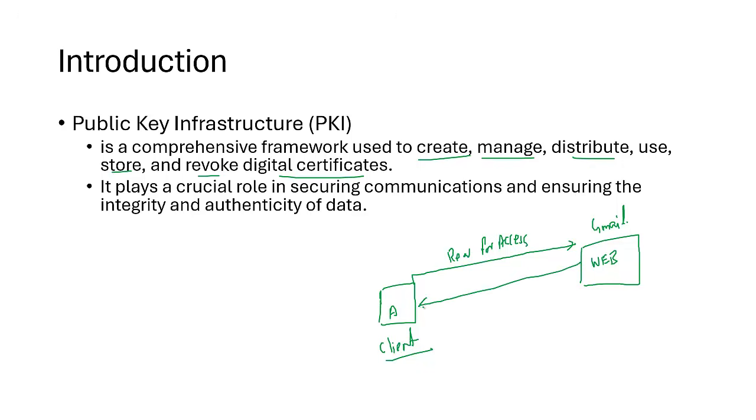Gmail will send its certificate. The certificate has the public key of Gmail. A downloads the certificate, which has a signature. So first he verifies the signature with the public key of the CA, because here we have a CA which issued the certificate to Gmail. If it verifies successfully, then only from the certificate will he extract the public key of Gmail.